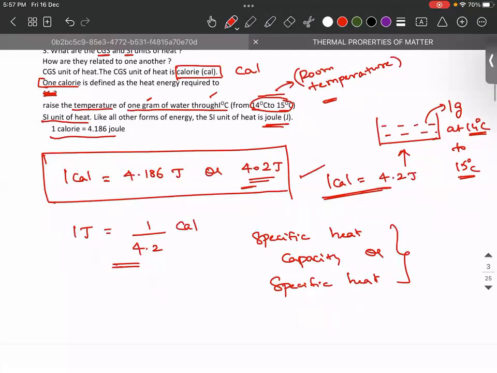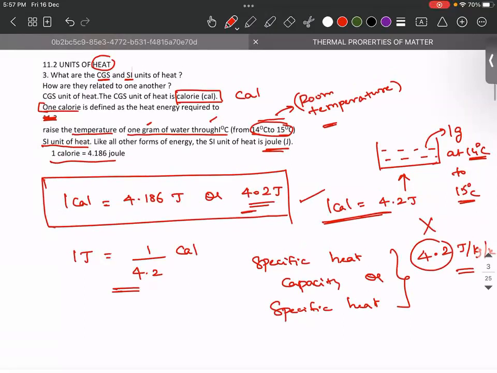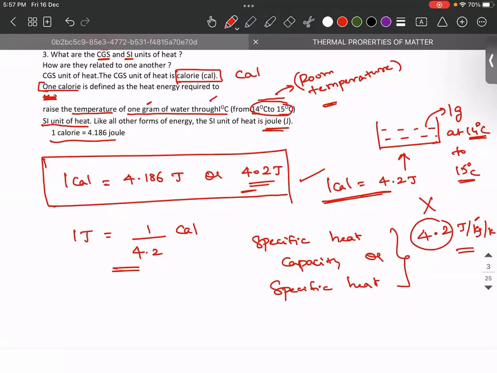The value will be measured as x joule per kilogram per Kelvin. This means if I take 1 kilogram of a substance and raise its temperature through 1 Kelvin, then I need to supply this much energy.